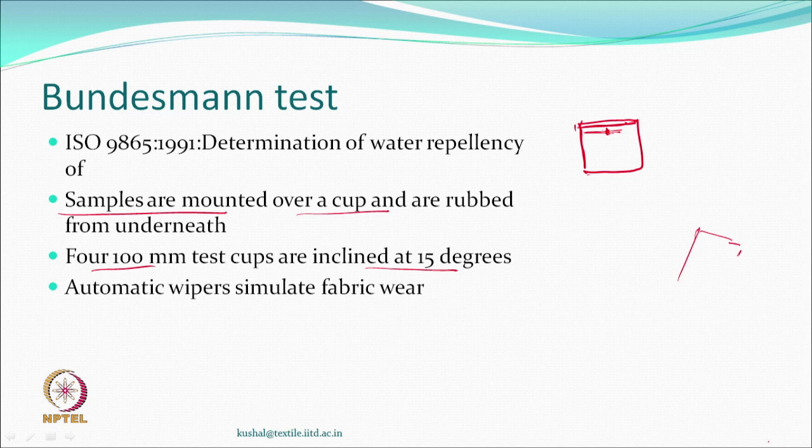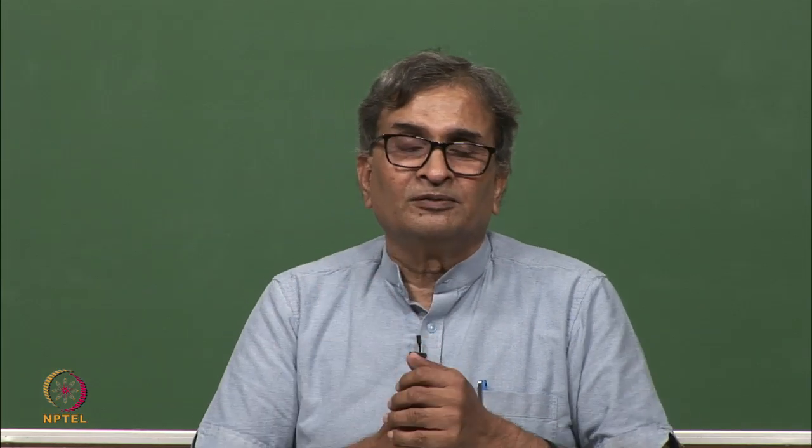So, the cup is like this and there are wipers inside, and then you allow rain to fall. So, this whole cup system can rotate, the wiper inside can rotate as if it is simulating the relative motion between the skin and the textile.